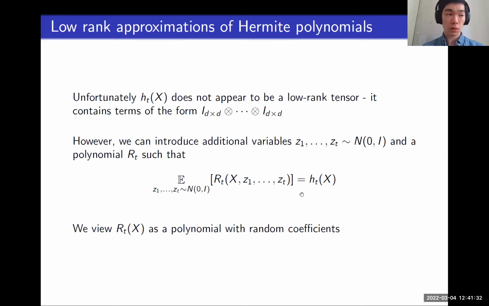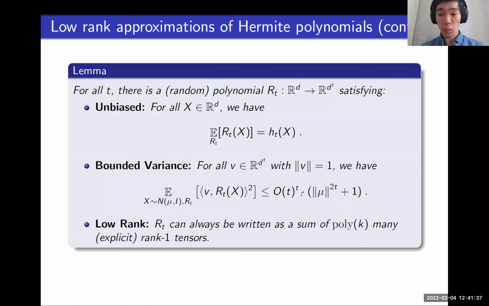And okay, so the main lemma about this low rank approximation of the Hermite polynomial is as follows. There's a random polynomial r. Again, it's a function of x and these random variables that are drawn from a standard Gaussian. Over the expectation of the other random variables, the expectation of r is equal to the Hermite polynomial. So it's actually estimating what we want. The second main thing is this bounded variance property.